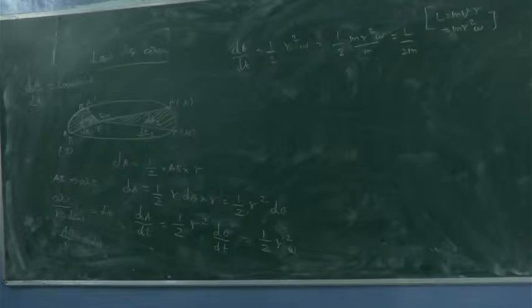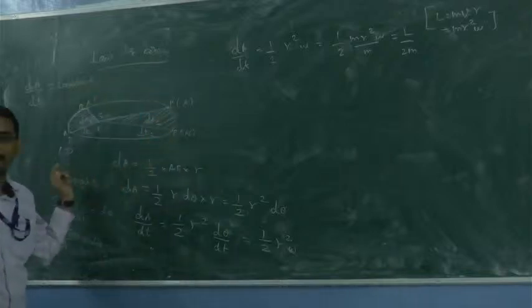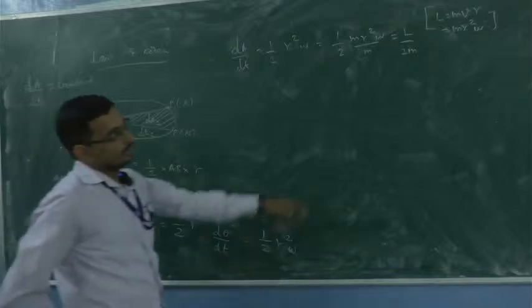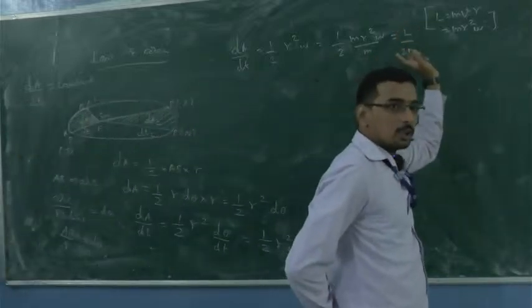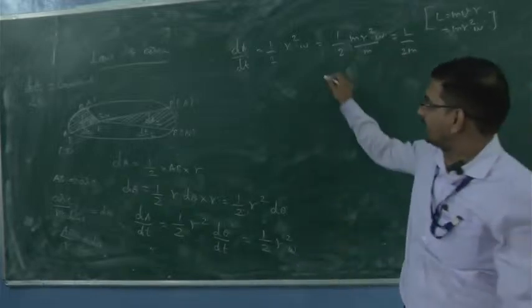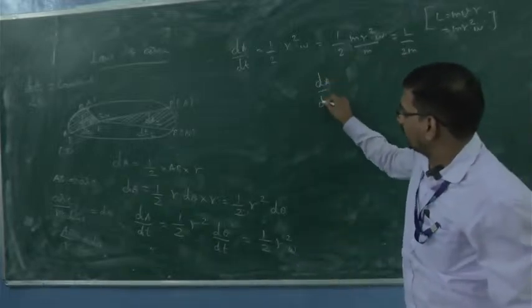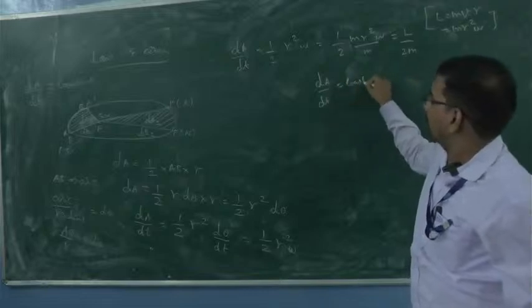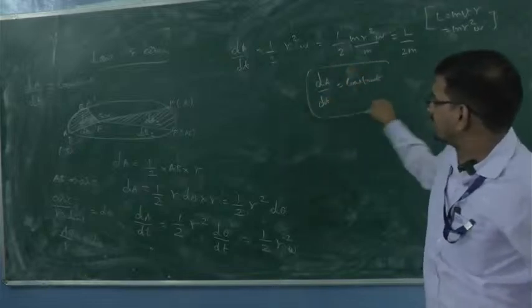For every planetary motion, L is a constant. What is m? Mass of the planet. For any location, the planet's mass remains constant. So in this final expression, L and 2m, everything remains constant, so we can say dA by dt is a constant.